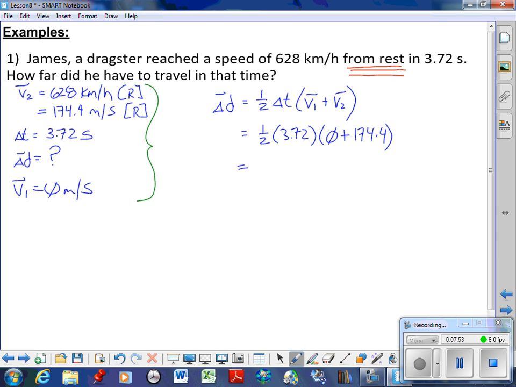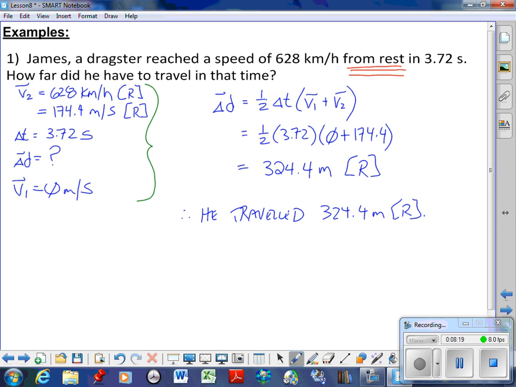When you calculate that out, you get 0.5 times 3.72 times 174.4. We get 324.4 meters, and that would be to the right. So therefore, he traveled 324.4 meters to the right.